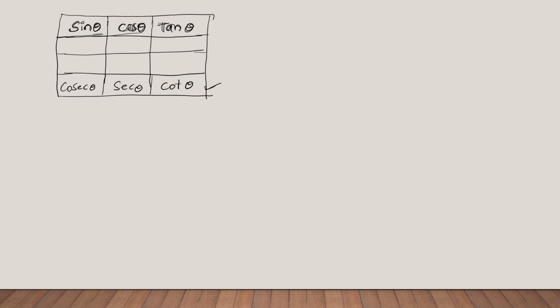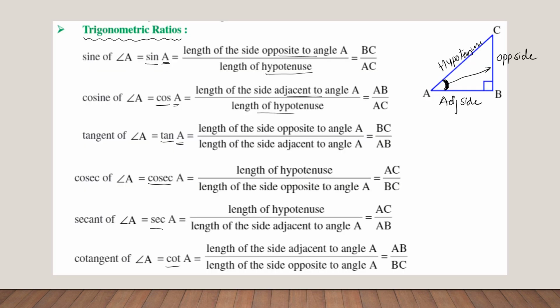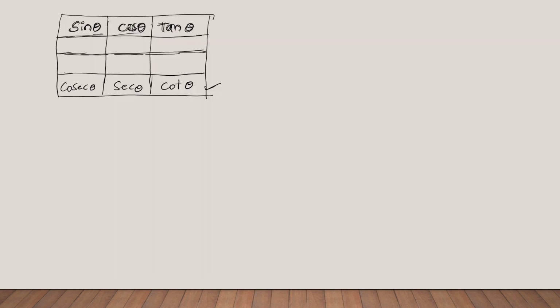Now, what is the definition of sin theta? We can simply remember the opposite side: side opposite to angle A by hypotenuse. Here I am going to represent the opposite side with the letter O, the adjacent side with the letter A, and the hypotenuse with the letter H. Then I can fill this.